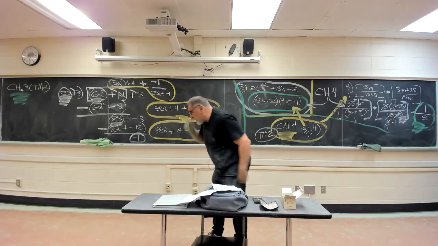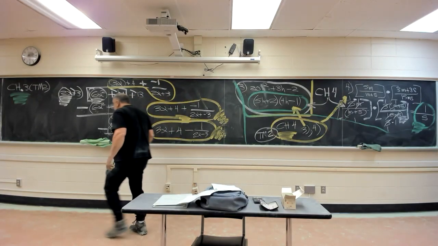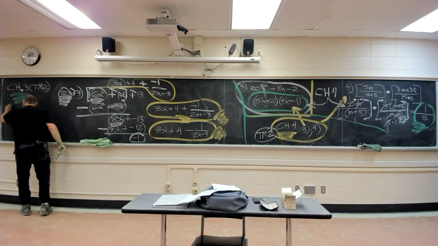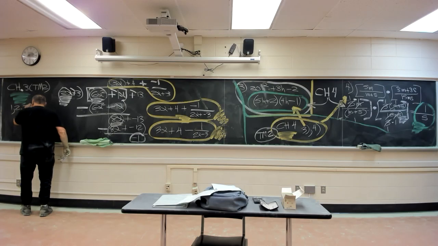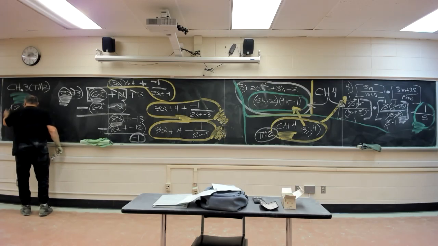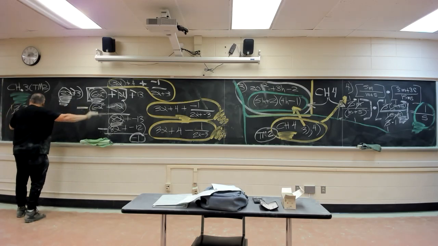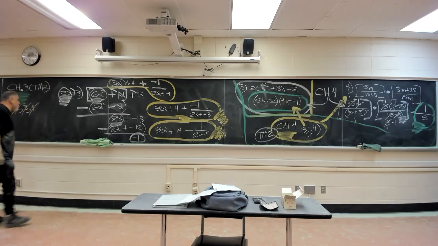Just as we had 1, 2, 3, 4. As we did 1 and 2 right here, that was for chapter 3. As we did 3 right here, that was for chapter 3, and we just did 4.